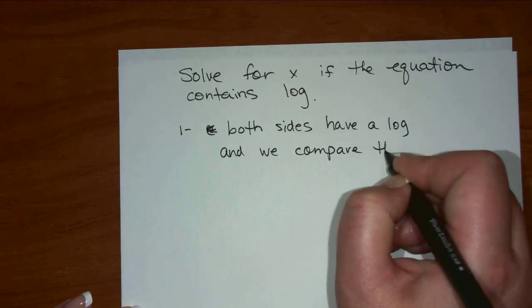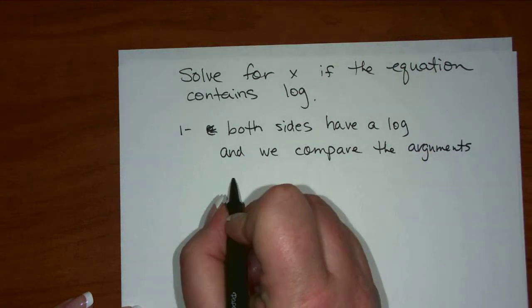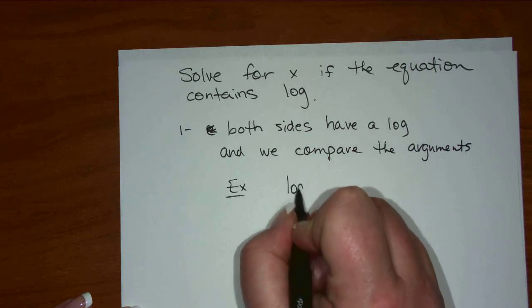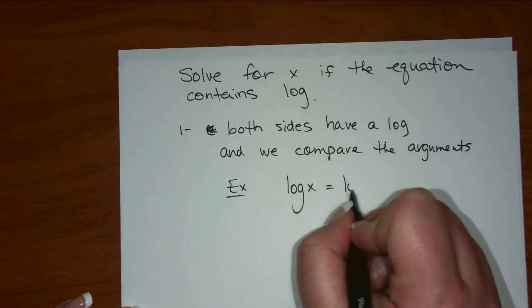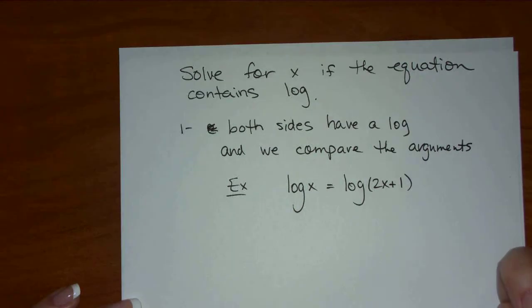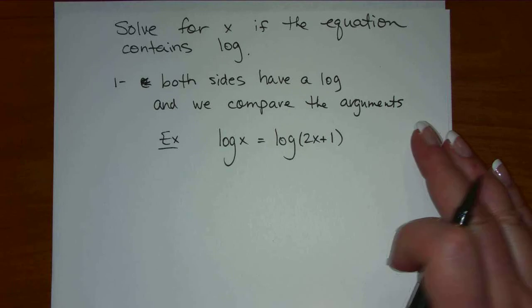So for example, if I had log x equals log of 2x plus 1, there's a log on both sides. So to solve this, we say, well, the log already matches.